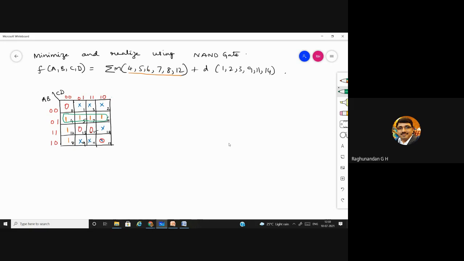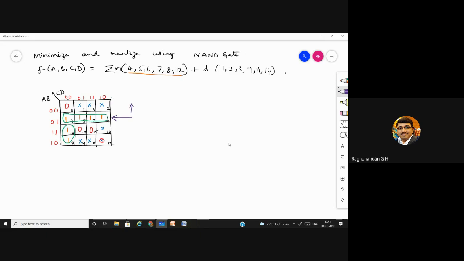Now, after this, we have 1, 1. So, group these two. We can stop at this level, because if you group with this, again it's a waste. So we will not group anything more. Now, after doing this, we'll write the equation. Look into the horizontal position and the vertical position.